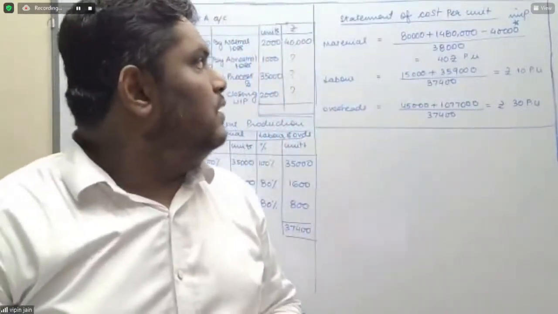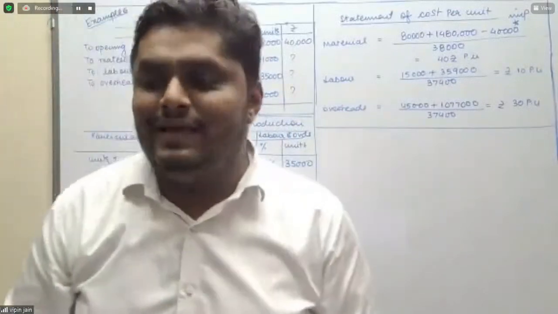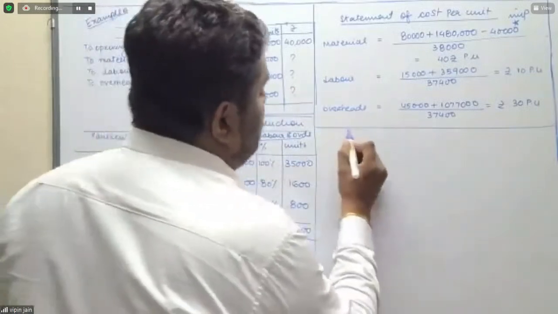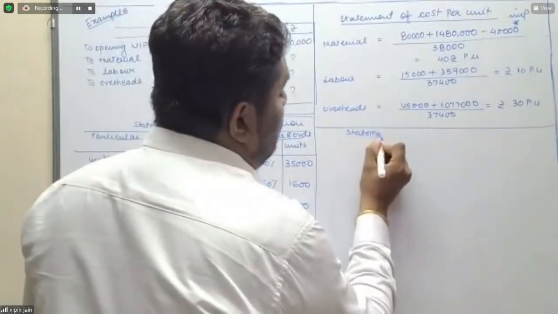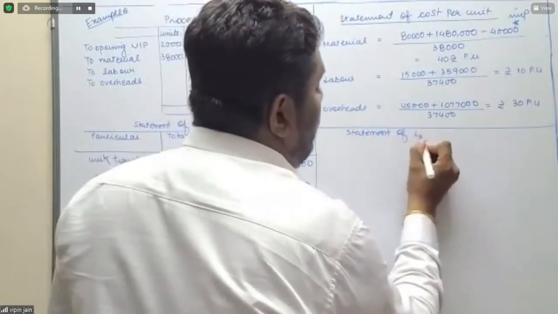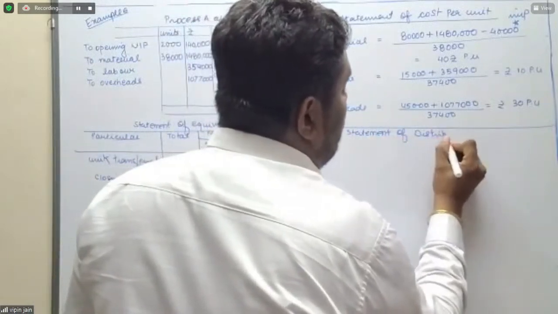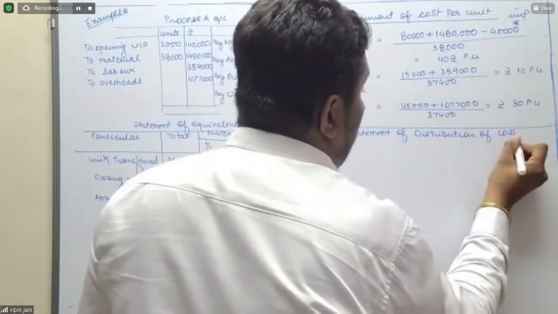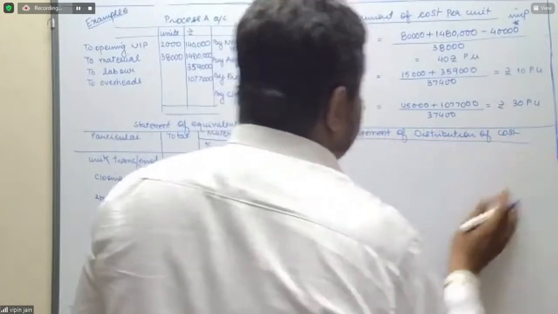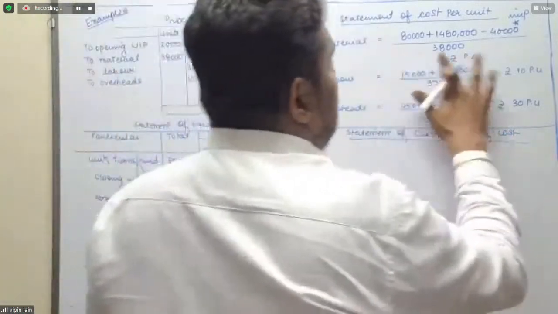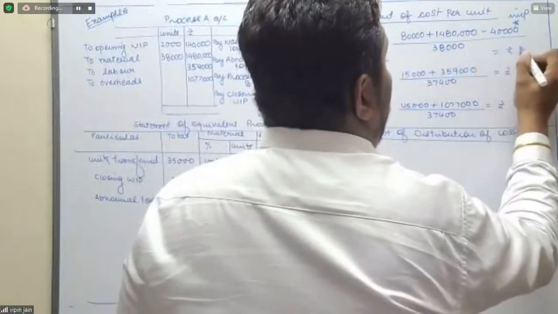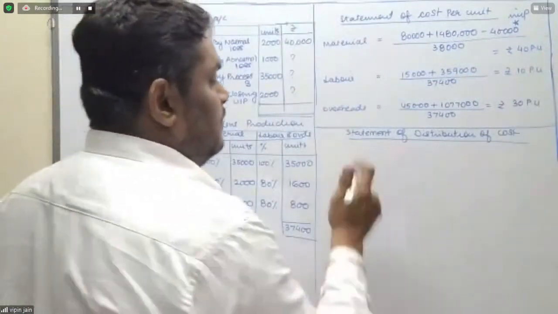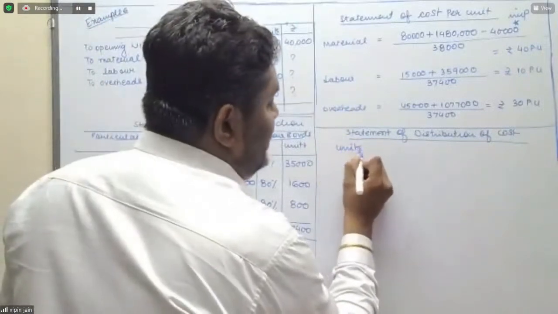So now the statement of cost per unit is over. Now let's start with the statement of distribution of cost. The first one is units transferred.